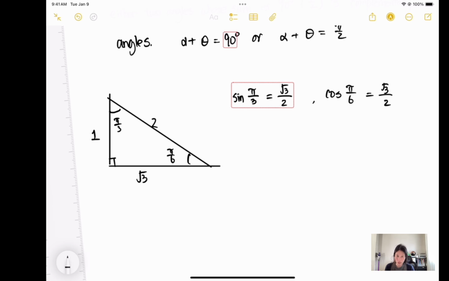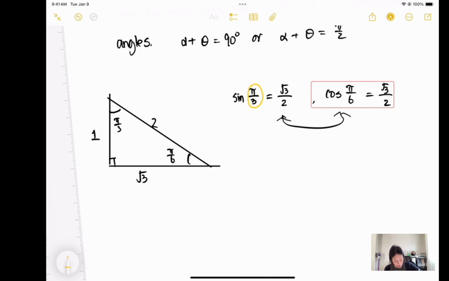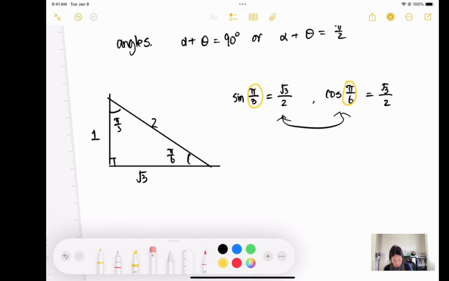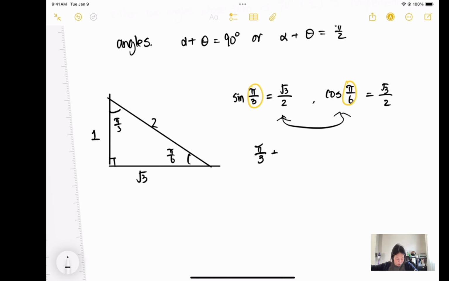Look, do you find something special in here? They're equal, right? And what else do you find out? The angles are also complementary angles, which means pi over 3 plus pi over 6 is equal to half of pi.